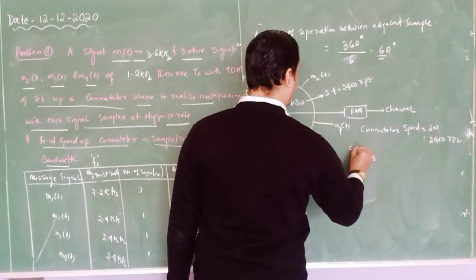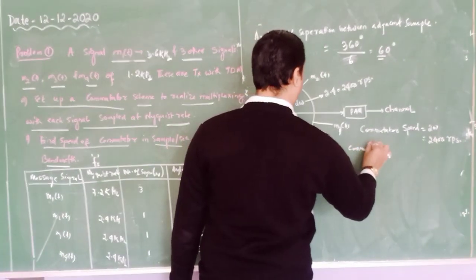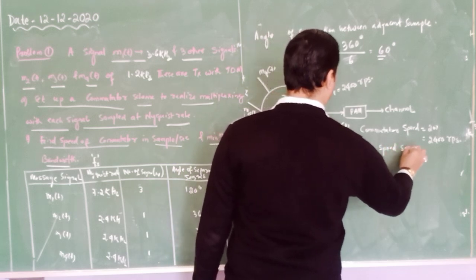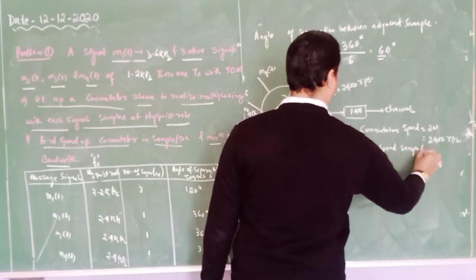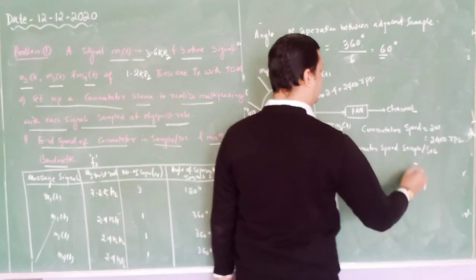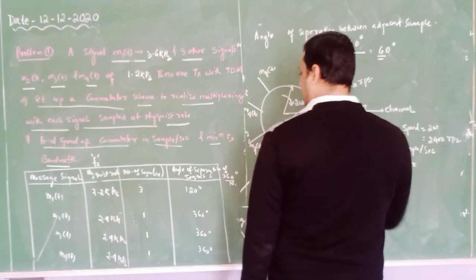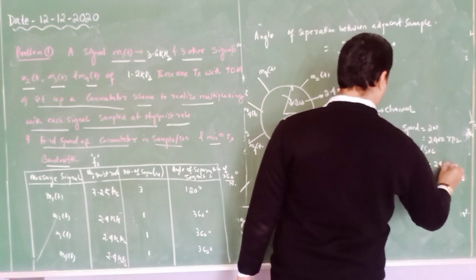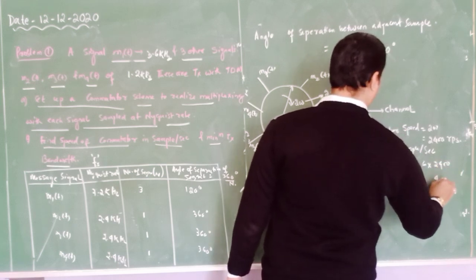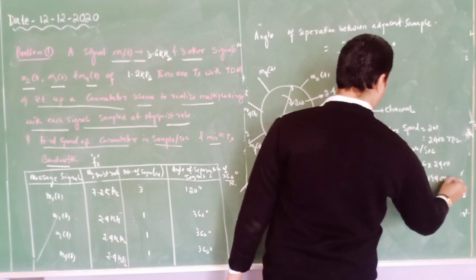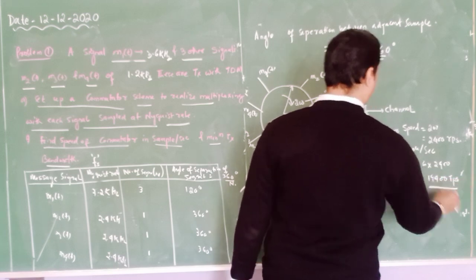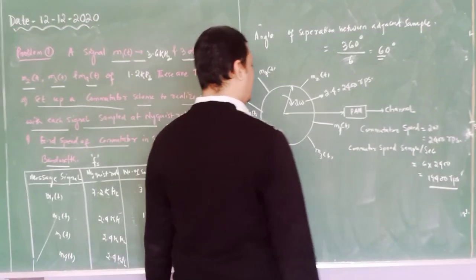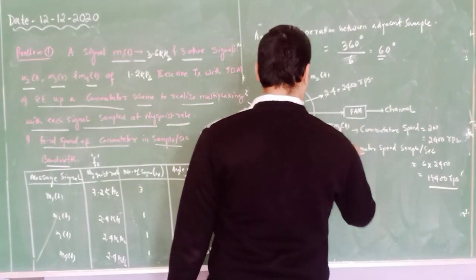Then the commutator speed in samples per second. How much is it? We have to multiply by the number of segments. The number of segments is 6 into 2400. So that is 14400. Okay? 14400. This is one.